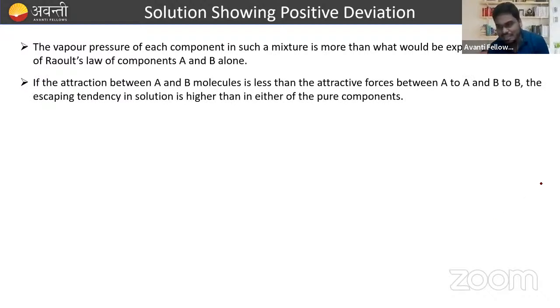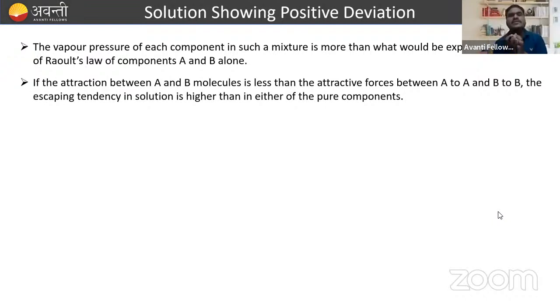And why does this actually take place, beta? How does the vapor pressure of the component in the mixture become more than what would be expected? If the force of attraction between the solute and solvent is less, then more vapor will be produced because escaping tendency is more.